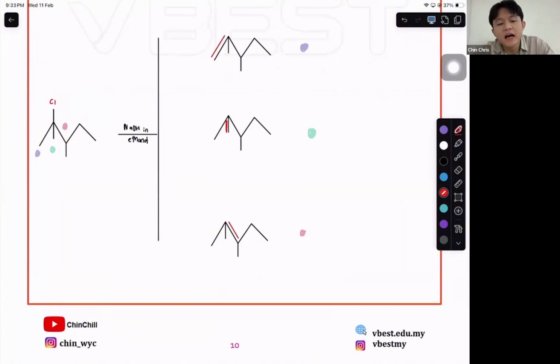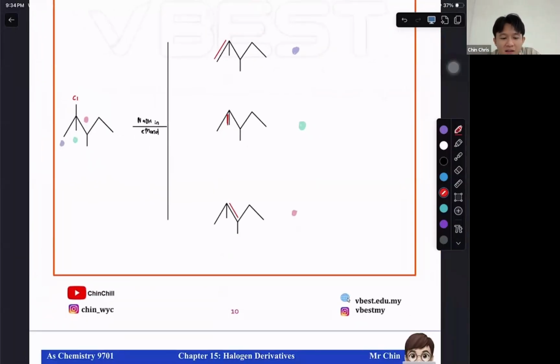Nice. All right, guys, I have another question. Please tell me how many total isomers there are. I want total isomers. Let's go. Total isomers, please include your cis trans.